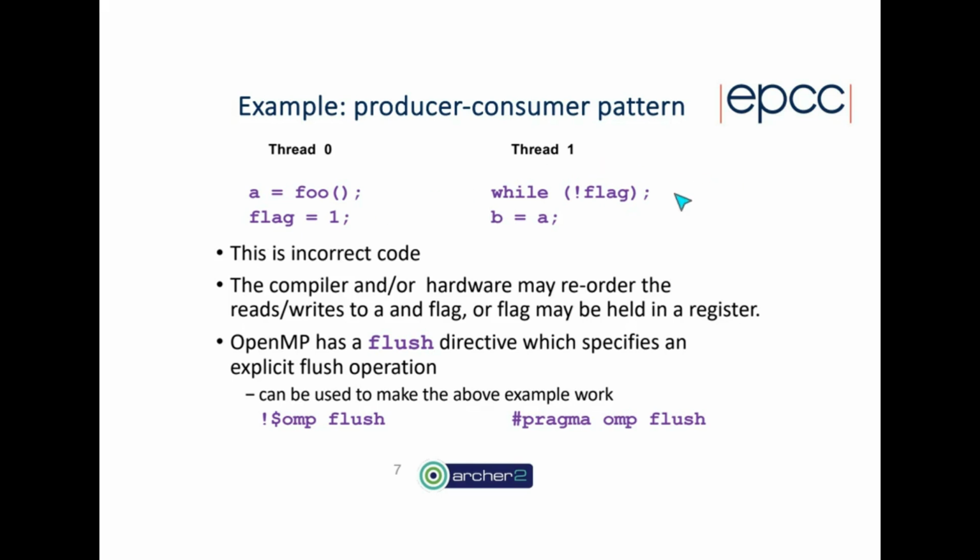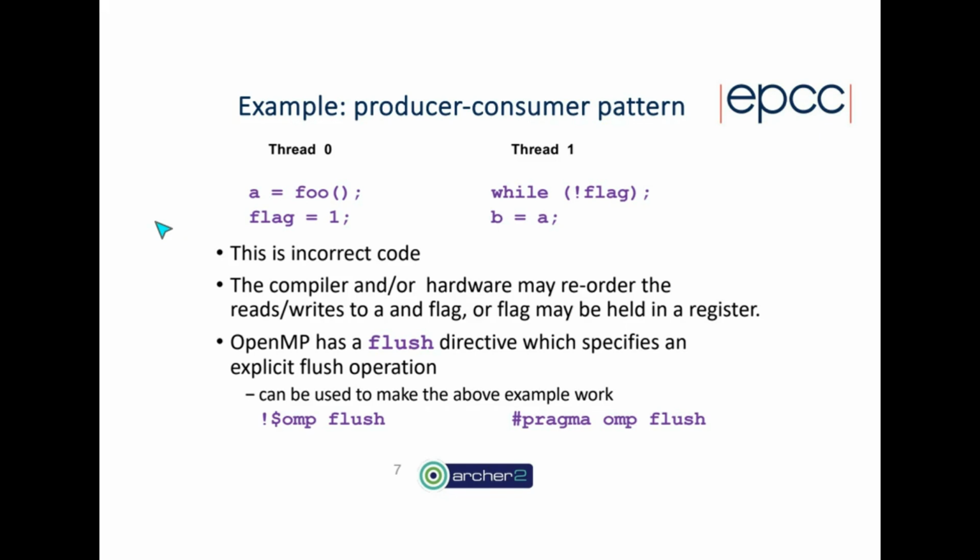Meanwhile, thread 1 is spinning, waiting for the flag to be true, and once it sees that thread 0 has set the flag, it then goes and reads the value of A, in the expectation that this guarantees that the value of A read here is indeed the value that thread 0 wrote.